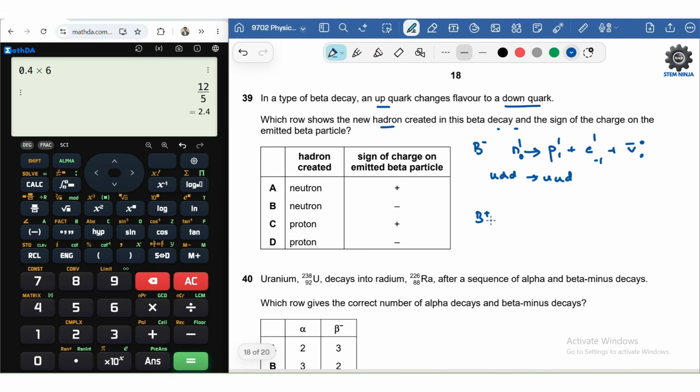That must mean this is the beta particle case where a proton is decayed into a neutron, plus a positron and electron neutrino. So in this case, this is your up, up, down converting into up, down, down. So the hadron created is a neutron, and this is beta positive.